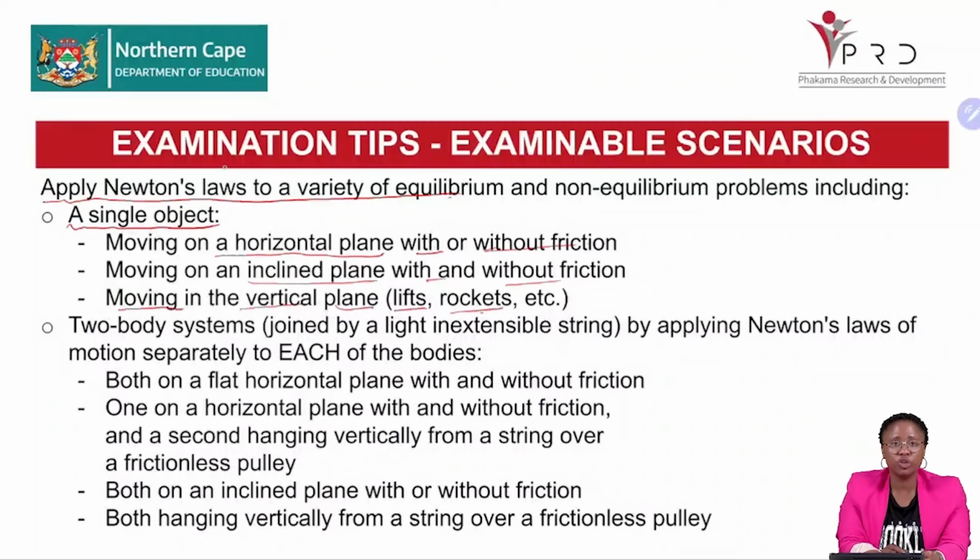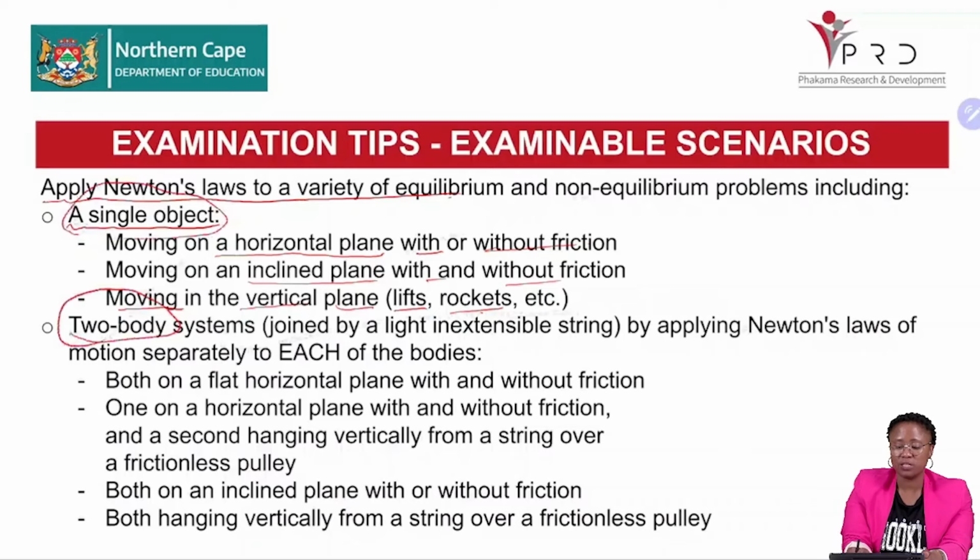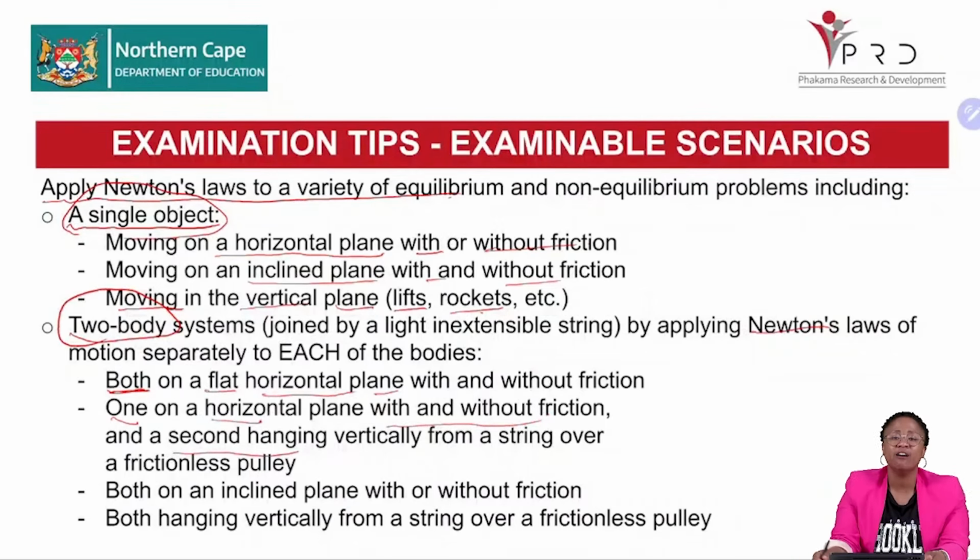But you are not only going to be focusing on only one object, like I showed you in the previous slide, they can be two-body systems where they are connected together with a string. Then what do you do when you do that? The examiner is going to be saying, apply Newton's second law by looking at both on a flat horizontal plane with or without friction, or one on the horizontal plane with or without friction, and the second one would be hanging vertically downwards.